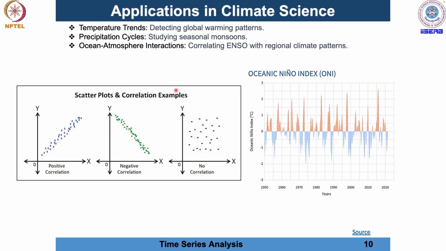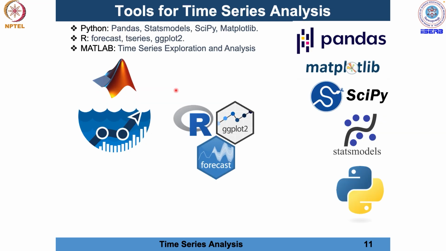What is the ENSO effect on low amounts of precipitation? What is the ENSO effect on higher temperature rise? So you can develop one-to-one correlations, and then look at whether large-scale processes have any correlation with smaller-scale processes, such as regional meteorological or weather extreme patterns, rainfall patterns or temperature patterns. That is what we can do using correlation analysis.